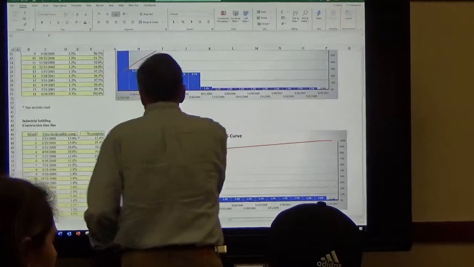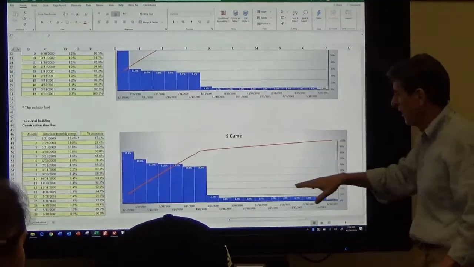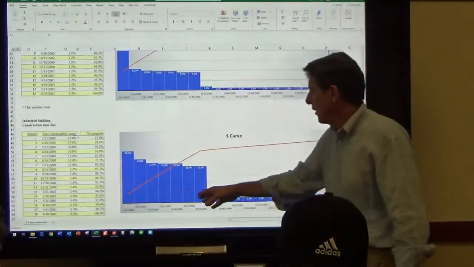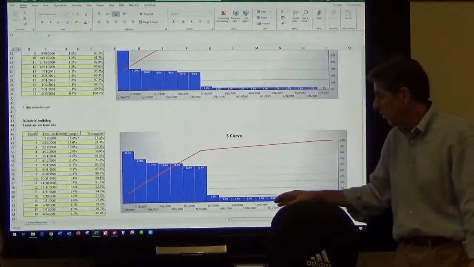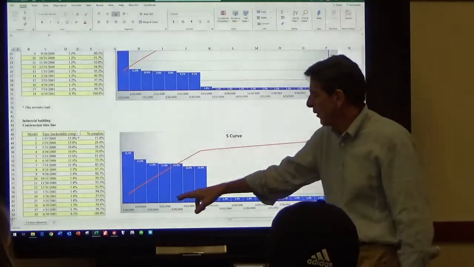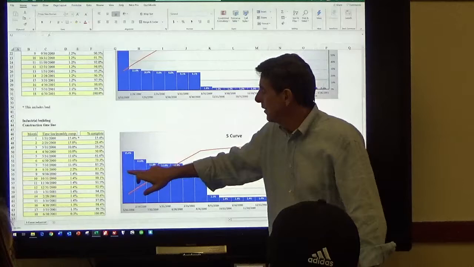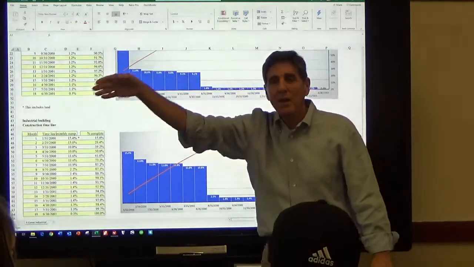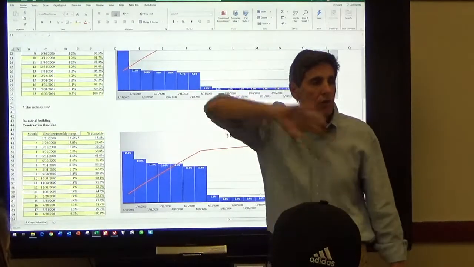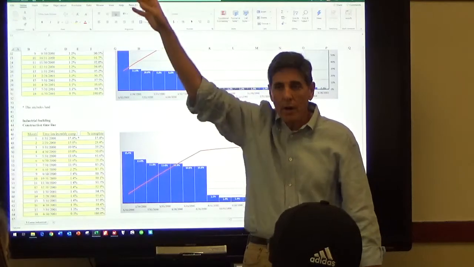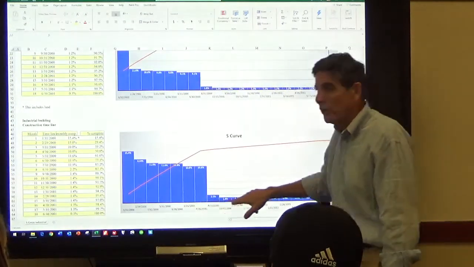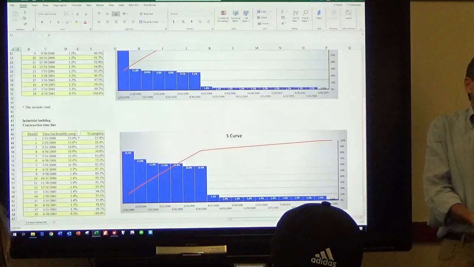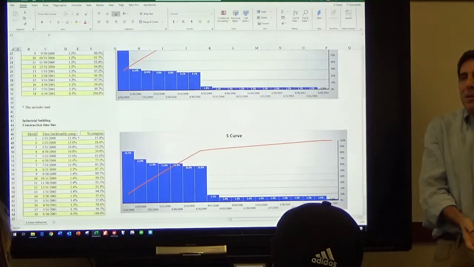You're building up to 100%, but you can see this is like a 1-year construction period with some stabilization, and you can see that very quickly, boom, you ramp up. You very quickly in construction spend the dollars early on, and then it sort of goes in dribs and drabs. I'm looking at the new clubhouse at the yacht club in Key Biscayne.